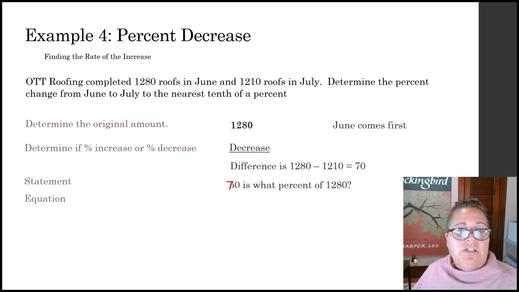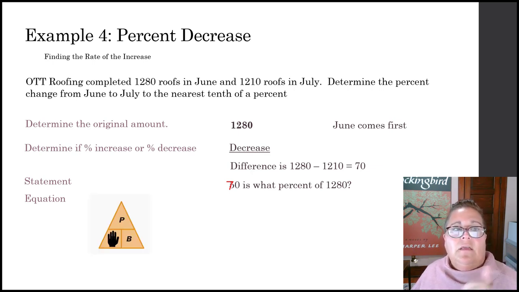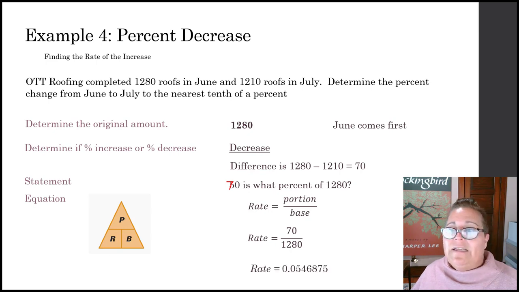Since I have the portion and the base, and I'm looking for the rate, I'm going to use the lovely little triangle, put my thumb on top of the rate, and I see that rate is equal to portion over the base. So that's going to be 70 over 1280, which when I divide it out, I get 0.0546875.